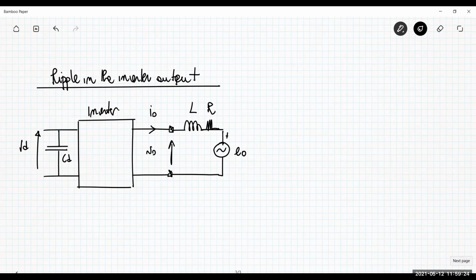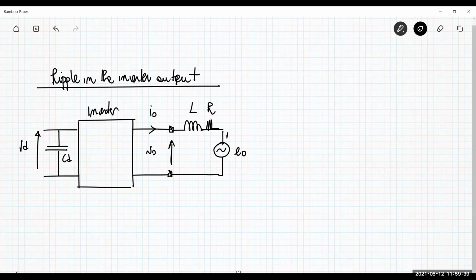The average value is null, okay? So DC and AC. Here we can have the same reasoning, but extending our discussion, we have no more DC. You have a fundamental component and something which is not at fundamental frequency.